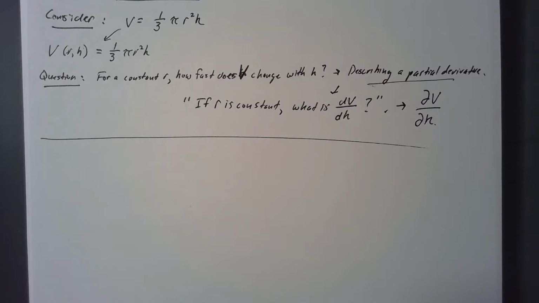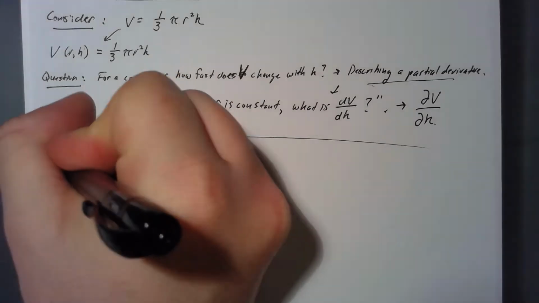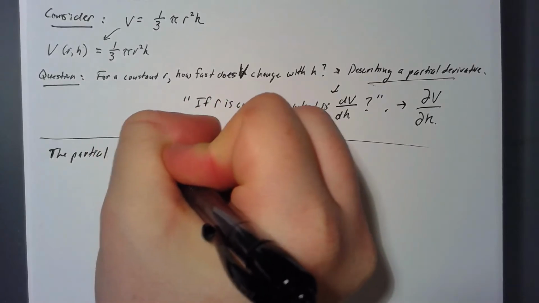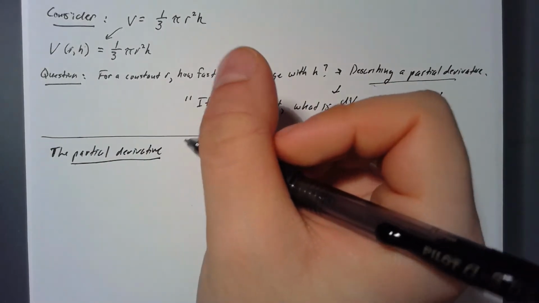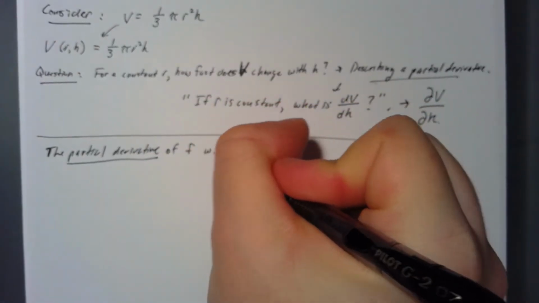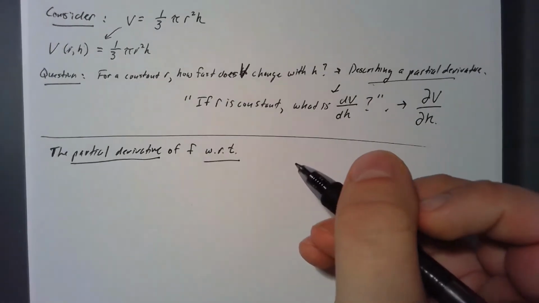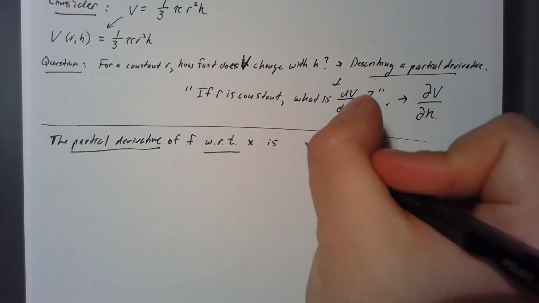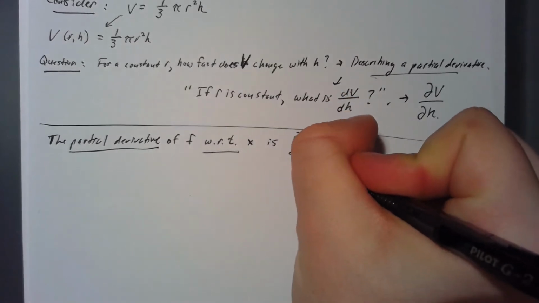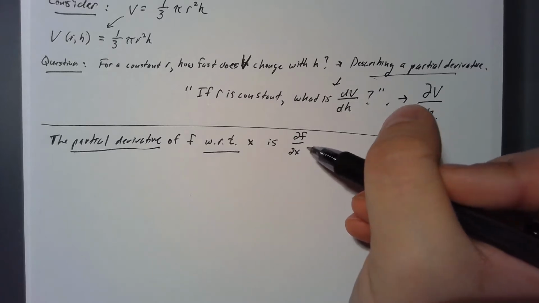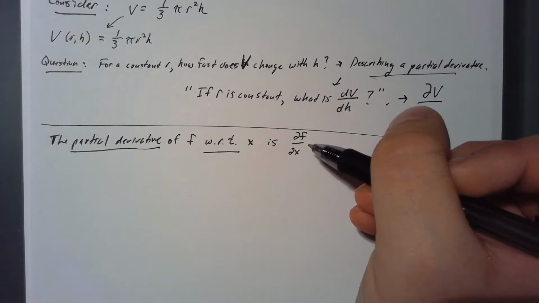The partial derivative of f with respect to, let's say we're going to do it with x, is df dx, right? This is fancy dx. It's a little different than the accustomed derivative that you're looking at.